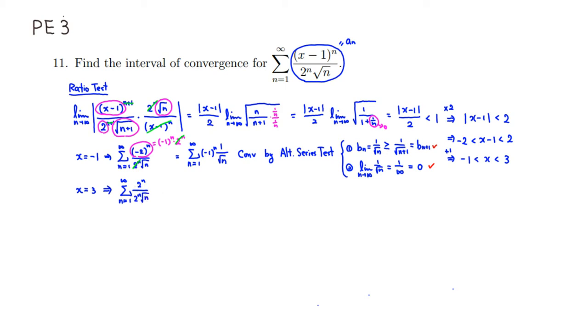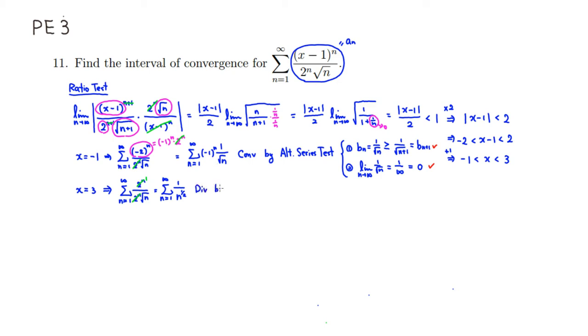So we can cancel 2 to the n, 2 to the n. We get that this series is going to be a p series. So you have the summation, n goes from 1 to infinity, of 1 over, I don't like square roots, so I'm going to write it as n to the 1/2 power. This guy actually diverges.